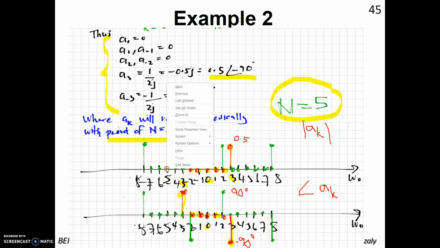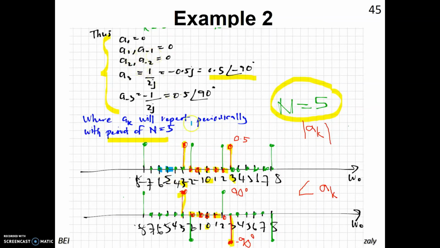I will plot this one with a different color. So this one will be a_0 with N equal to 5, so minus 5. And a_minus 1 is at 0, and plus 5 means we add 5 to this minus 1, so you will have it at minus 6, so we plot it here.